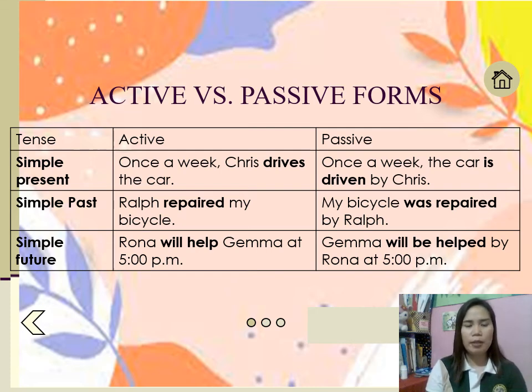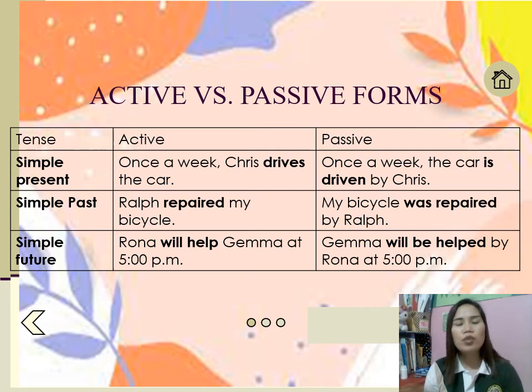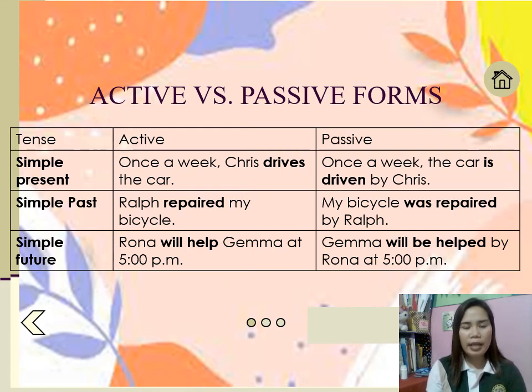So let's have some examples. In simple present: once a week, Chris drives the car. In passive, once a week, the car is driven by Chris. Is, because the car is singular, and driven is the past participle of drive. Next, the simple past. Ralph repaired the bicycle. Your verb is repaired, simple past. So the bicycle was repaired.